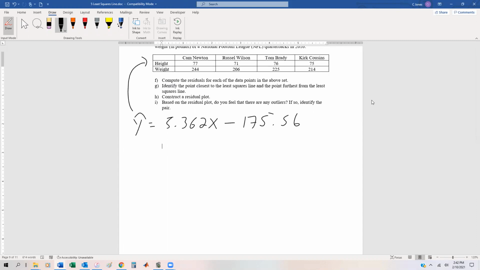And remember, our formula is that we're going to take each of the x, or the explanatory variables, and plug that into the least squares equation. And remember, we called that y predicted, and we're just going to call those y1, y2, y3, and y4.